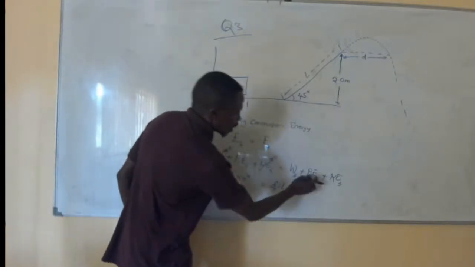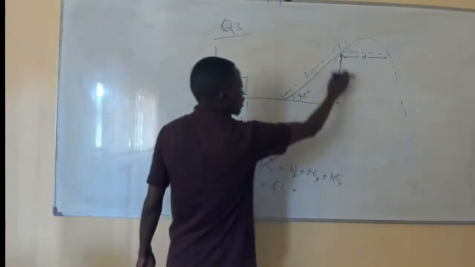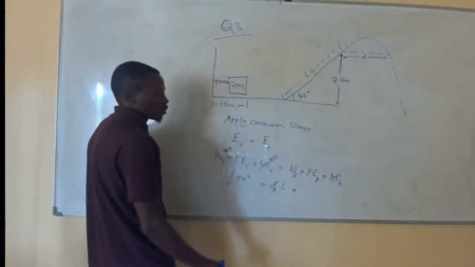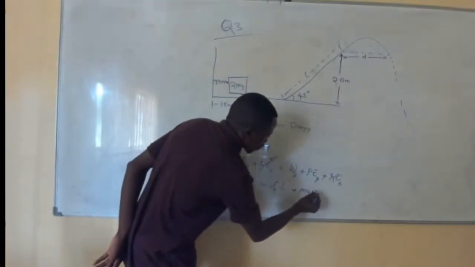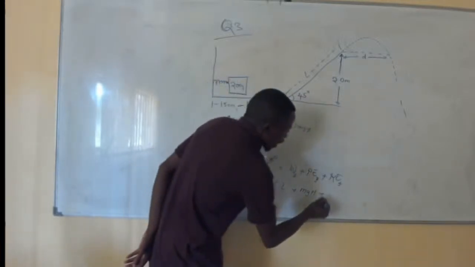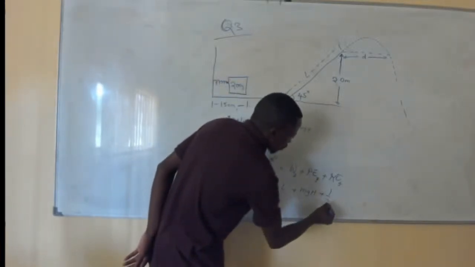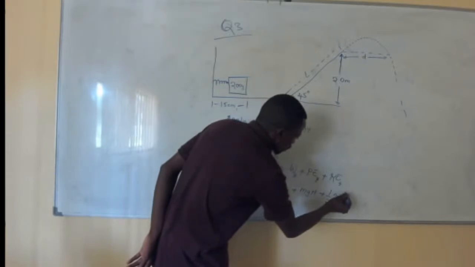Then plus the potential energy at that point, which with respect to h is just mgh. Then plus the final kinetic energy, which is half mv squared.